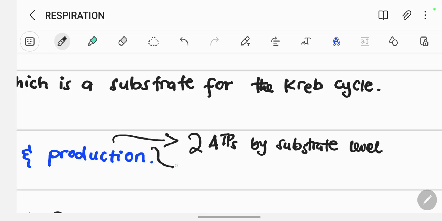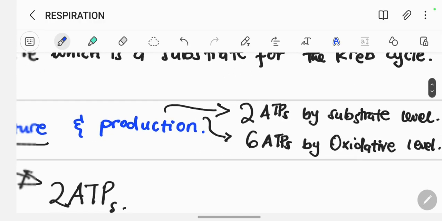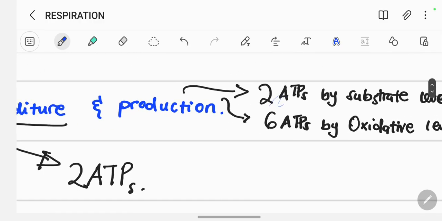Then we produced 6 more ATPs by the electron transport chain. So this one was oxidative phosphorylation.